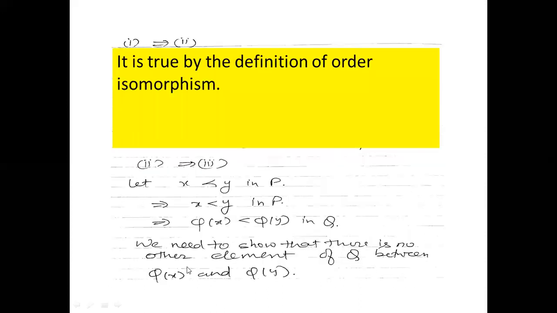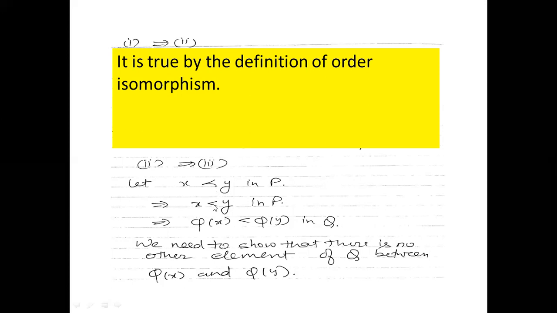So let x be covered by y in P. Then obviously x is less than y in P, because when we say that x is covered by y, that means there is no other element between x and y, and x and y are related.